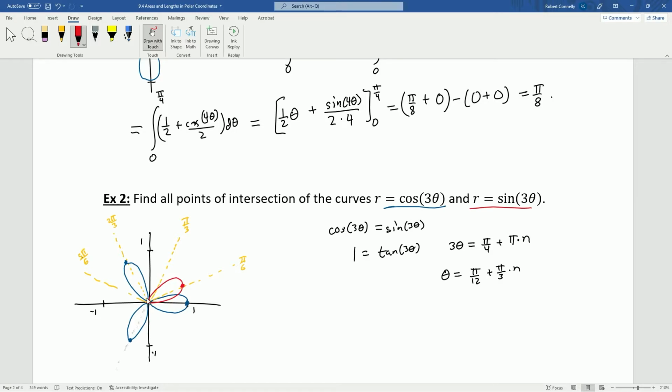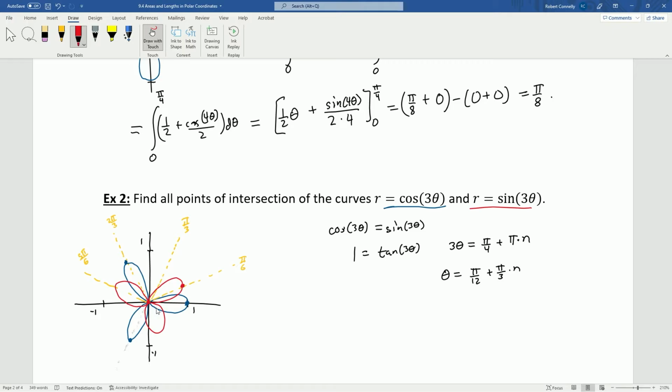And then it's going to make another loop like this. It's not perfect, but you can basically see what the idea is. So these graphs are just kind of shifted a little askew from one another, which should make sense because sine and cosine are just horizontal translations of one another.